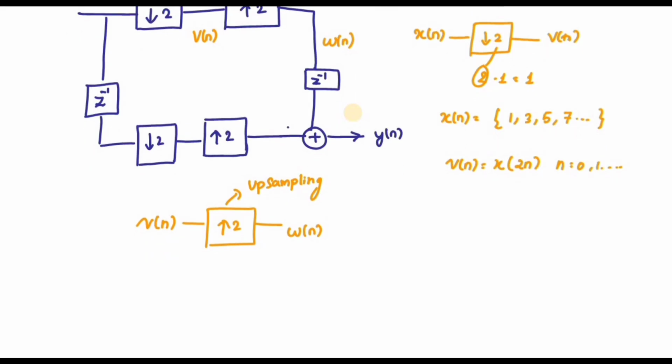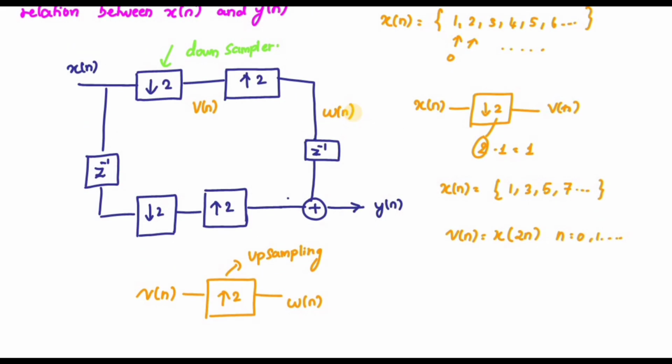So what will be the w of n value? Sorry, after applying to the downsampler, it becomes v of n. So I can write v of n as equal to x of 2n.